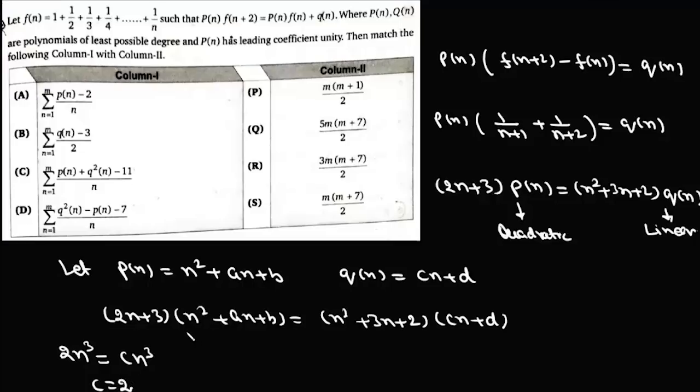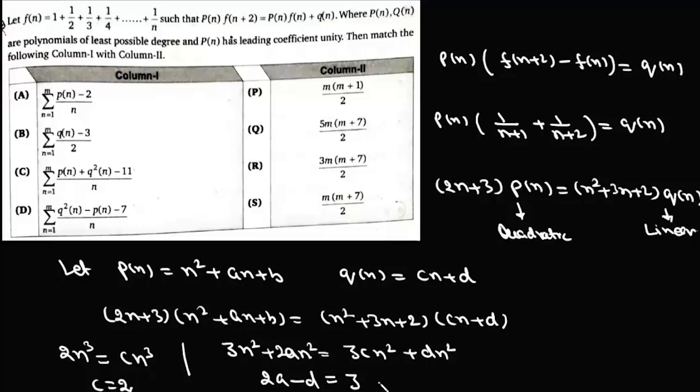If we compare the coefficients of n square, on the left hand side we'll get 3n square plus 2an square, and here we'll get 3cn square plus dn square. Now C is already 2, so we can write 2a minus d is equal to 3.